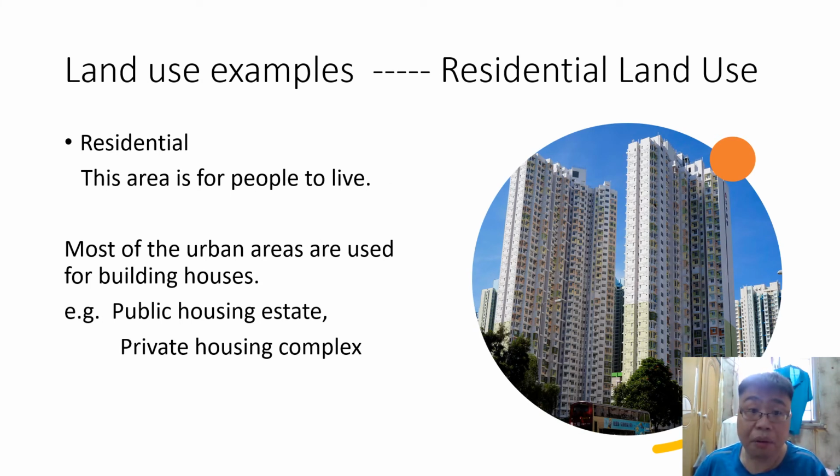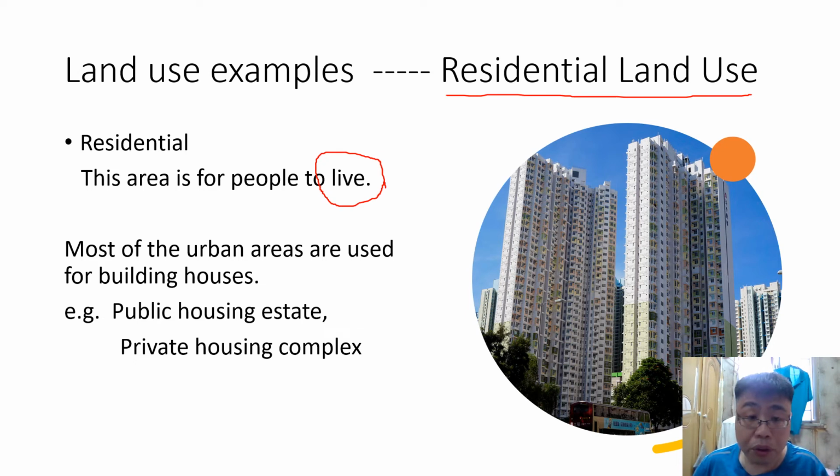Okay, now I will illustrate different land uses in the urban area. The first popular use is residential land use. And this area, of course, is for people to live.